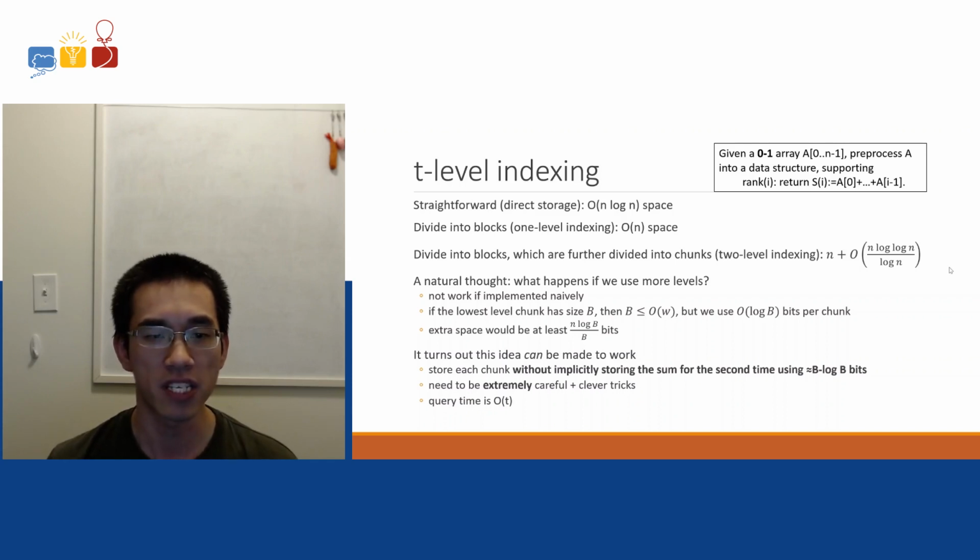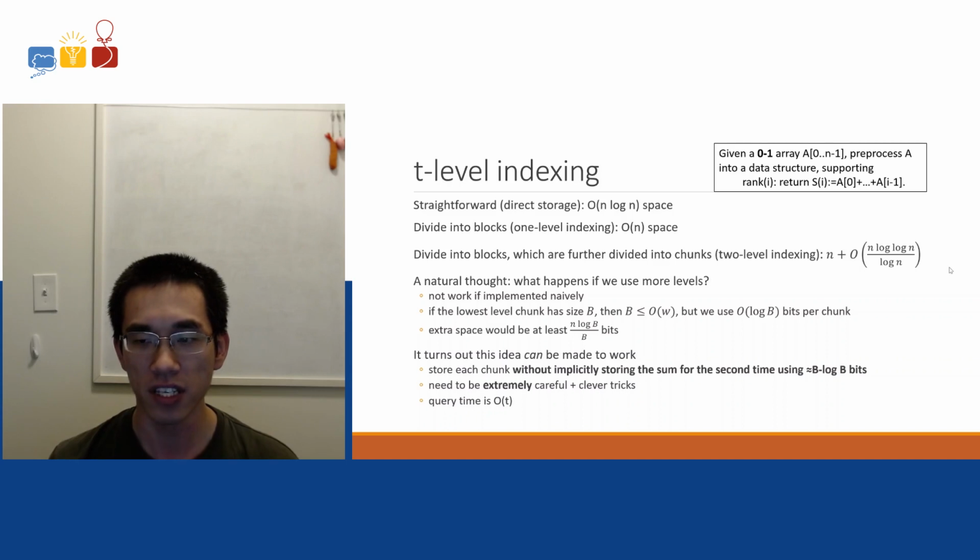In the first place, we store all the chunks directly in one variable, and implicitly the information of how many ones there are in this chunk is stored in this variable. And also we store the prefix sums among the chunks in the second lowest level. From those prefix sums, when we take the difference between the two sums, we also get the number of ones in each chunk.